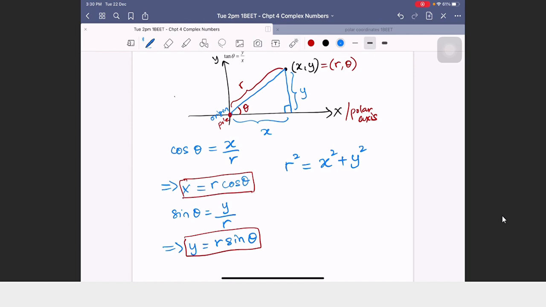Then only can you express your r as the square root of x squared plus y squared.